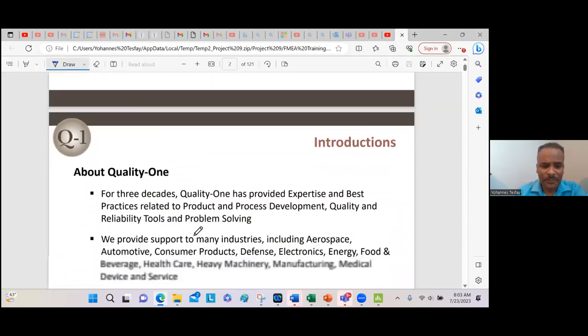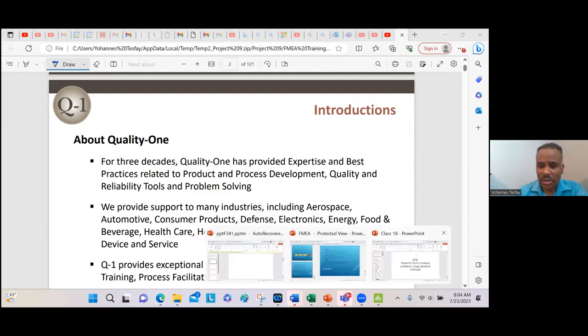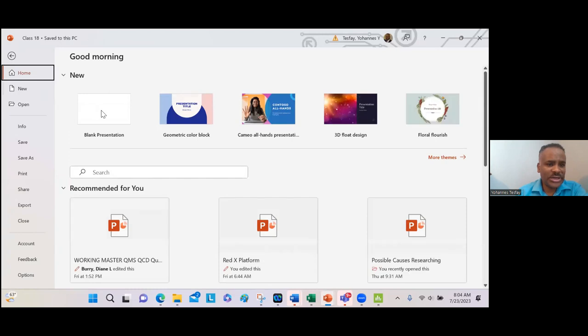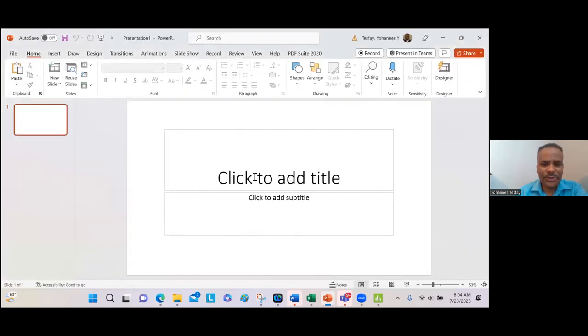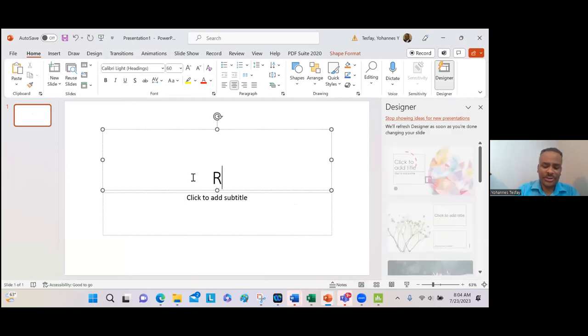Okay, FMEA or failure mode effect analysis. Those reading aspects, you are free to read them. I don't want to go through those readings. But what I want to emphasize is to discuss risk analysis.